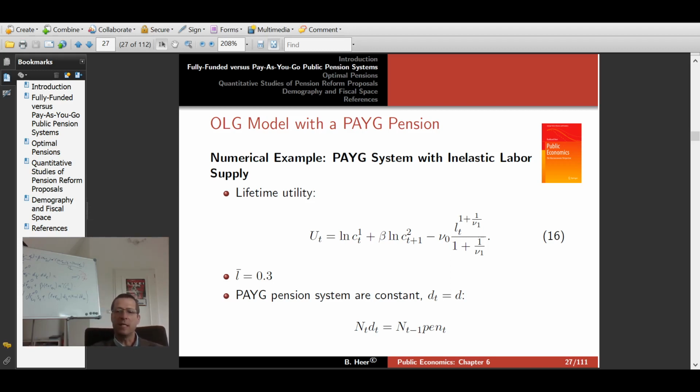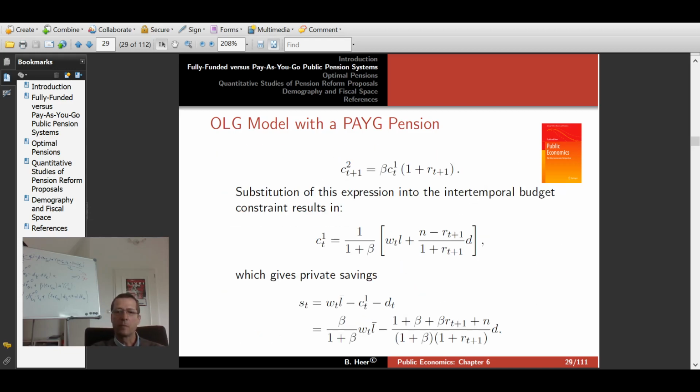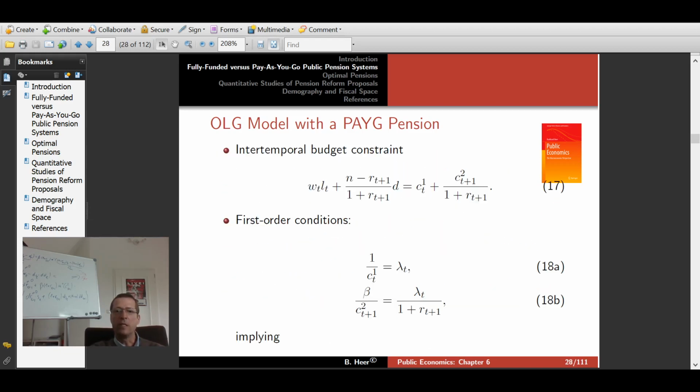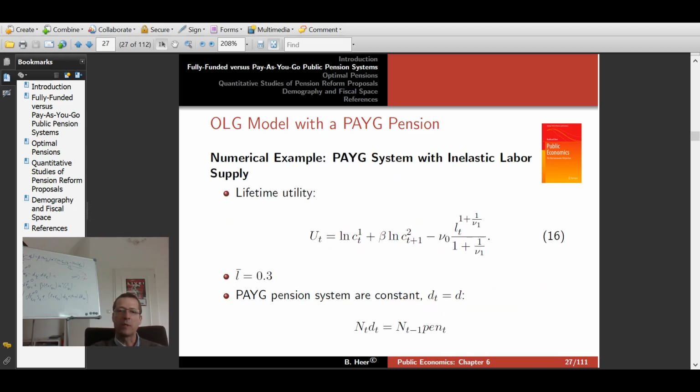And we look at a very easy case, where we apply log utility and a typical disutility from labor, where Nu1 describes the Frisch labor supply elasticity, if you remember from chapter 5, for example.